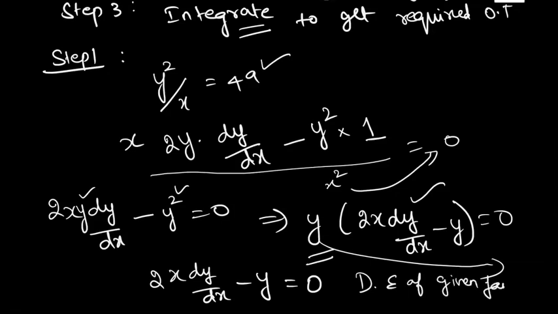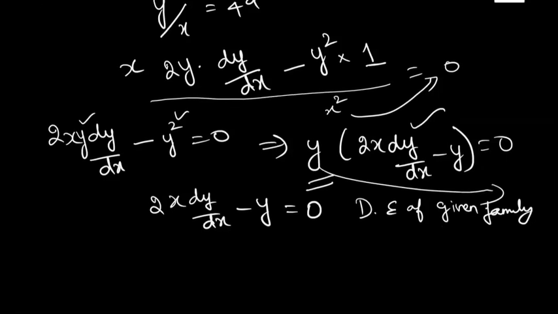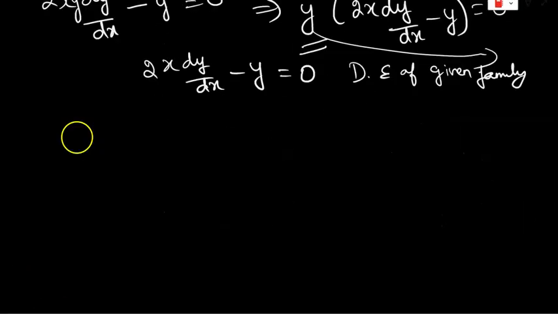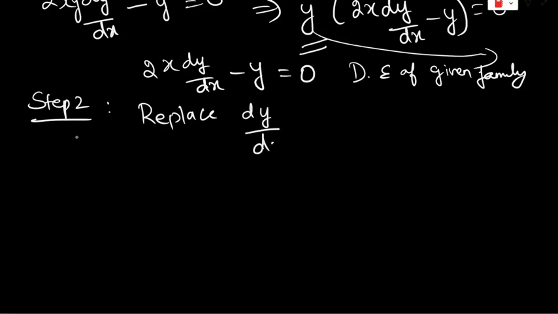Now we have to find the differential equation of the other family, correct? So we have entered step 2, that is replace dy by dx by minus dx by dy. Then only we'll get the orthogonal trajectory of the other family of curves.